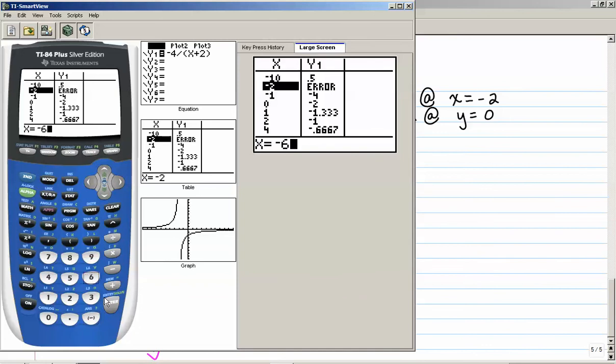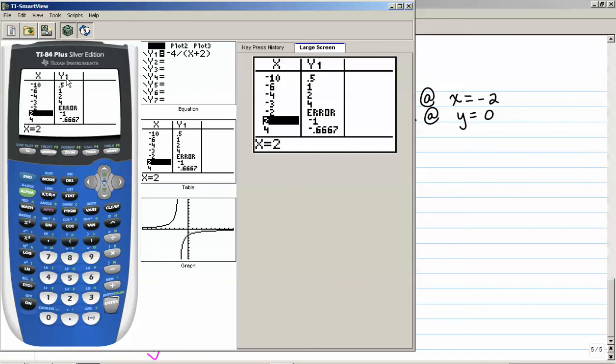Let's try negative 6, negative 4, negative 3, negative 2. Oh, I got an error message, and that absolutely makes sense because x cannot be negative 2, because when x is negative 2, my denominator is undefined. And what were some other values that I had here?